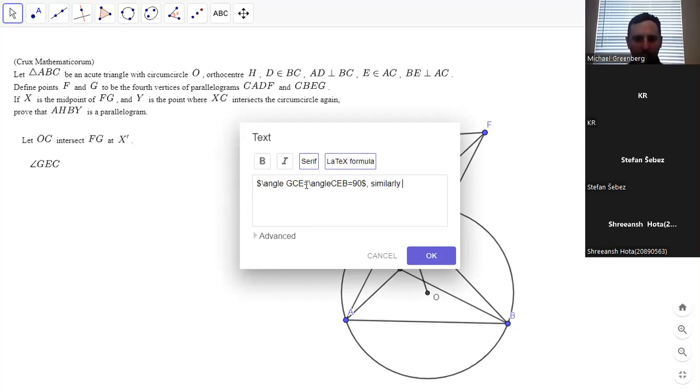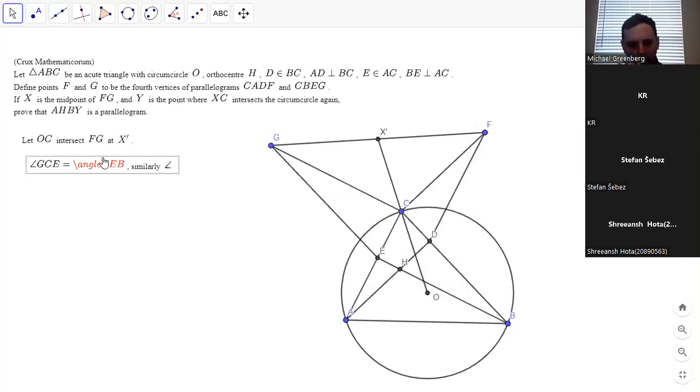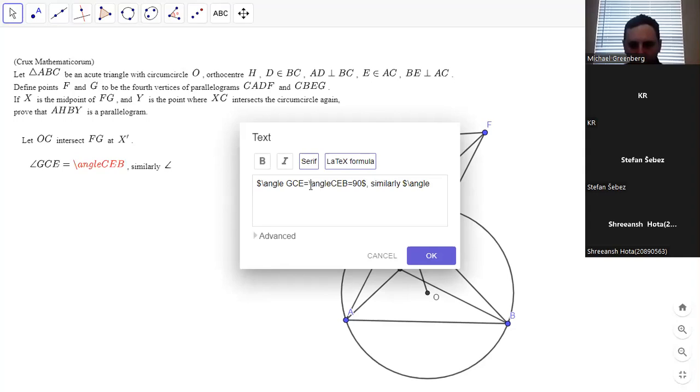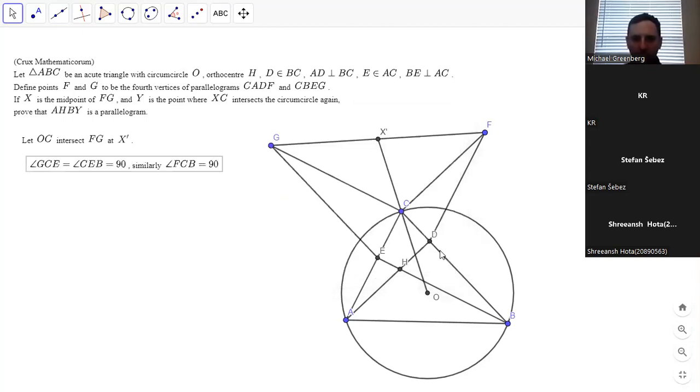Similarly, angle FCB is 90. And so angle GCX prime is 90 minus angle ACO.